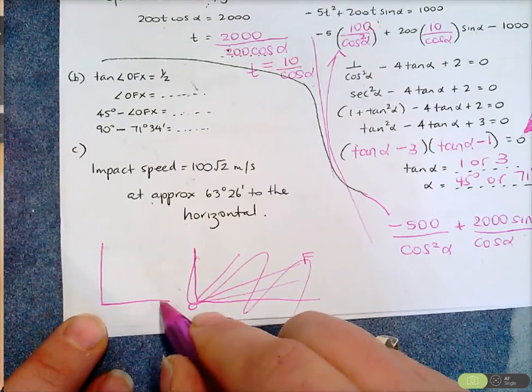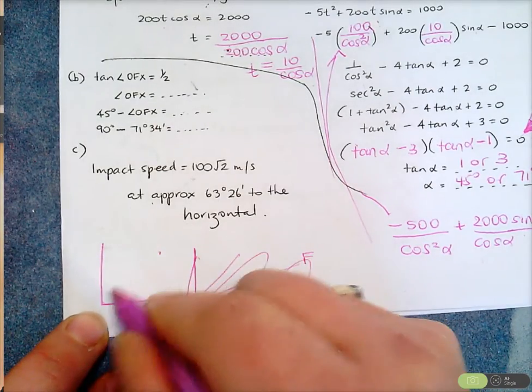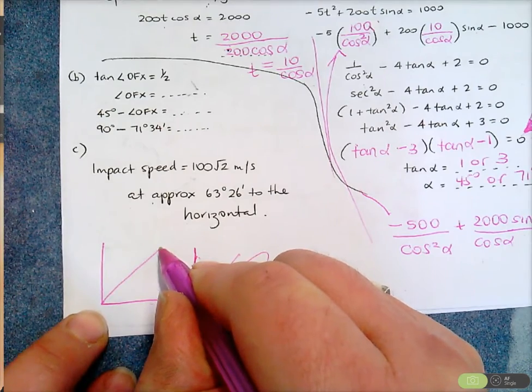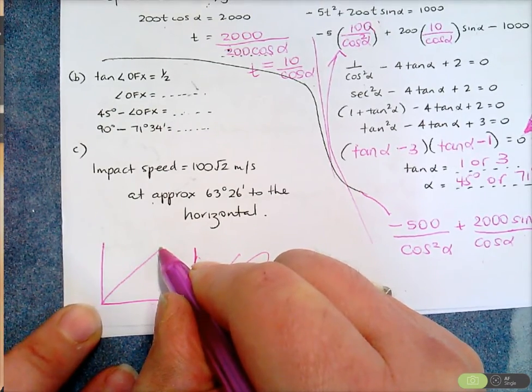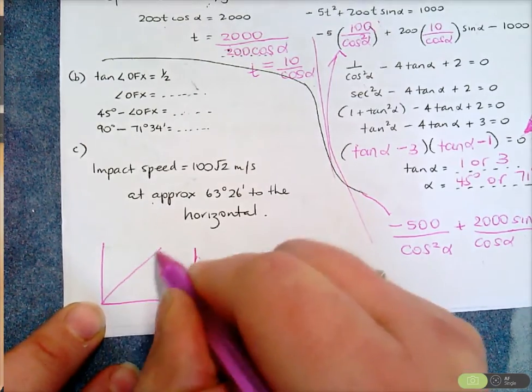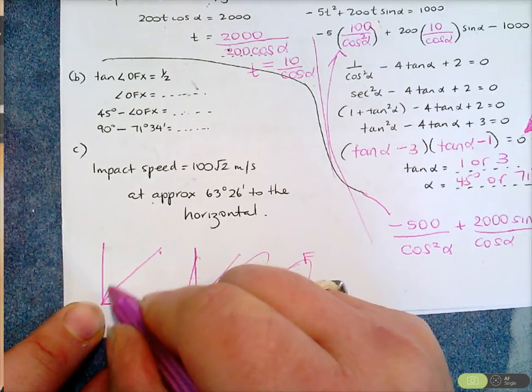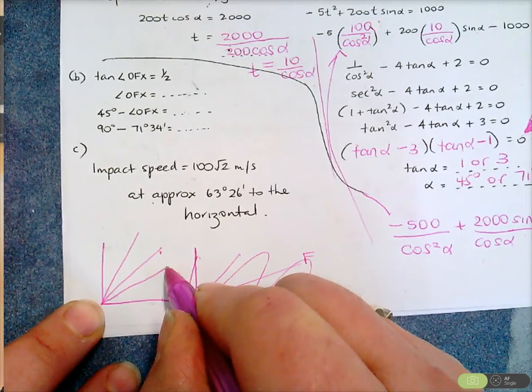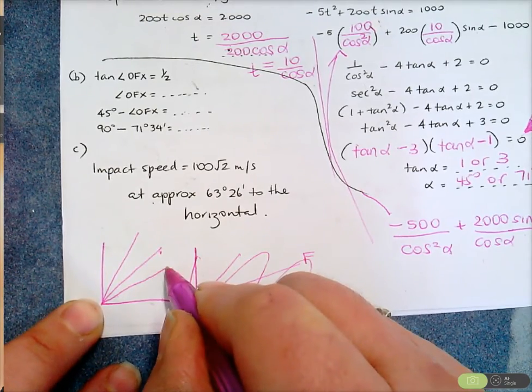If it was 2,000 across, 2,000 up, that would be a 45-degree angle. Do you get it? Do you agree? One of our angles was 45, wasn't it? And the other one was 71. And OF is down here because it's 2,000, 1,000.